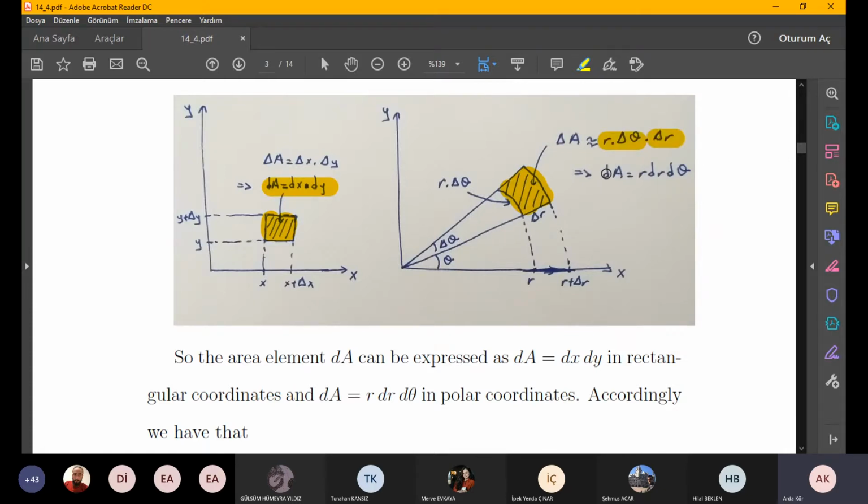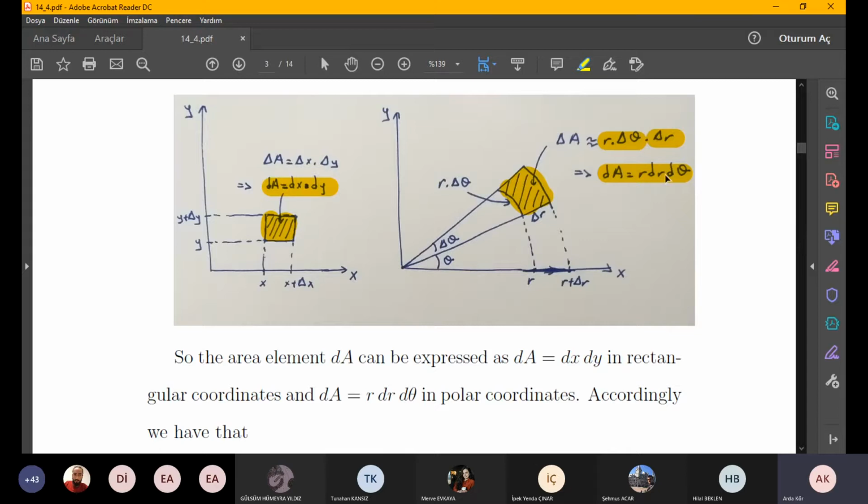And from this definition we can write dA as r times dr times d theta in polar coordinates.